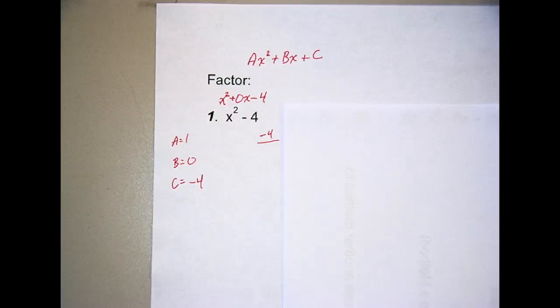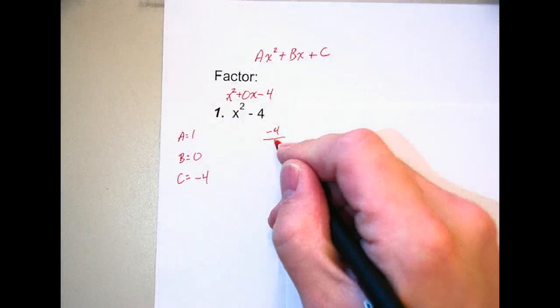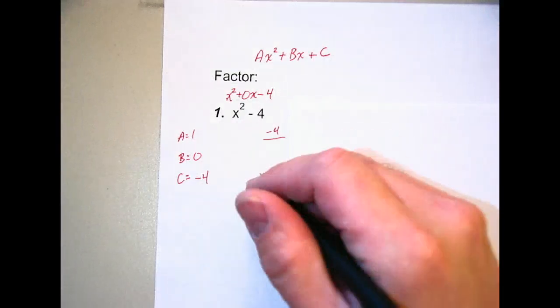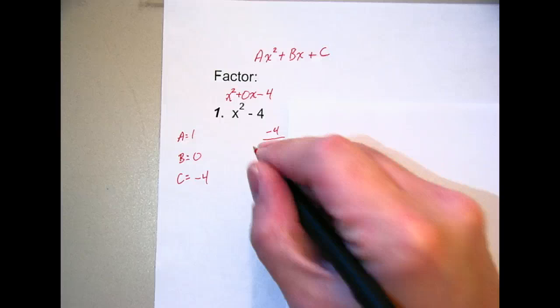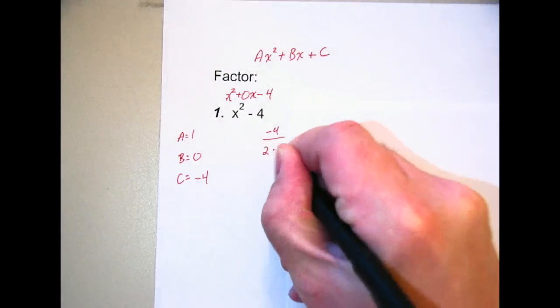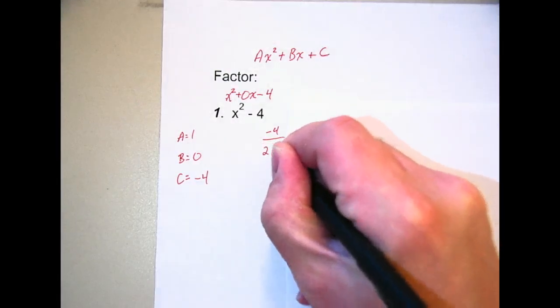TT, if I'm at 4 and I want to get to 0, what do I add to it? Good. Chelsea, if I'm at 7 and I want to get to 0, what do I have to add to it? Okay, so the two numbers have to be similar, right? One has to be positive, one has to be negative. Are there two numbers that multiply to make negative 4 and add to 0? Annalise? Yeah. 2 times 2, and one of those 2's has to be negative.